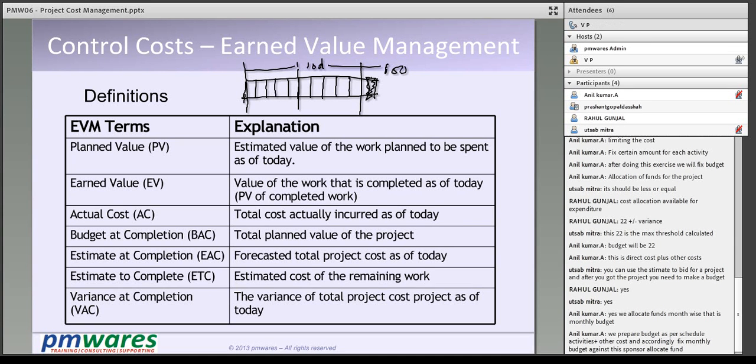Now you are at the 5th day, estimating and checking how you are performing. You assessed that you have spent $60 as of now, and what you have achieved is only 4 days of work, 40% achievement.